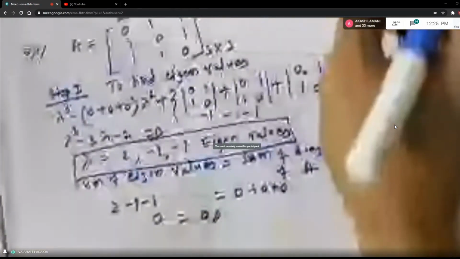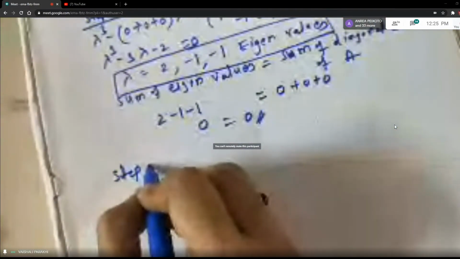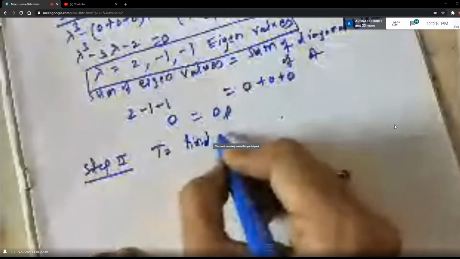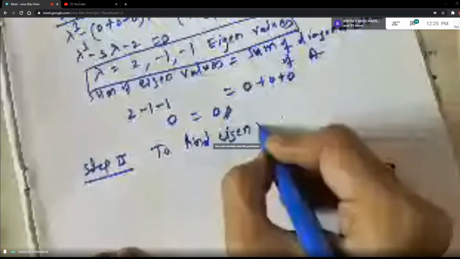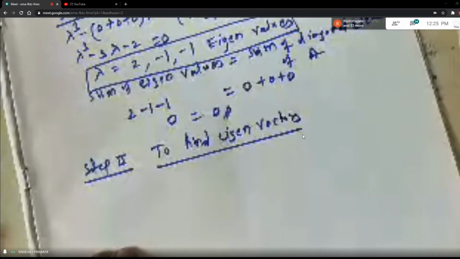So once you get the eigenvalues, the first step is over, students. Now you will go to step number 2. What is step number 2? To find eigenvectors. Correct? Now, to find eigenvectors, you have to write the matrix equation. Same steps I am following.